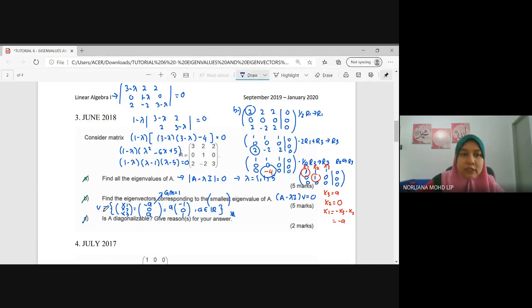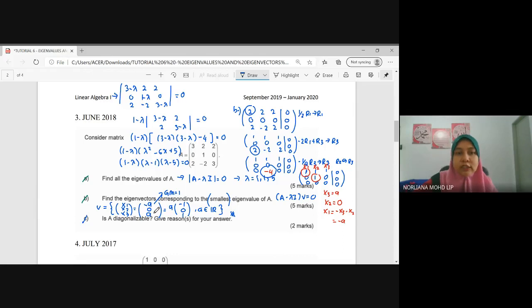Okay, C. Is A diagonalizable? Give reasons for your answer. So kat sini tak diberi nilai P tadi kan? So awak kena gunakan yang second proof tadi tu, 1 and 2, yang ada 2 condition tadi tu, yang bawah dia. Okay, kita proof untuk first condition.